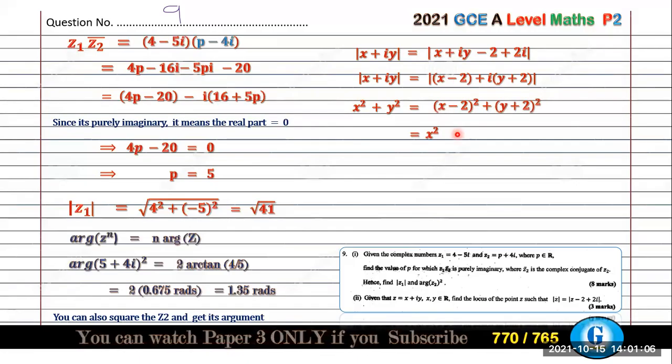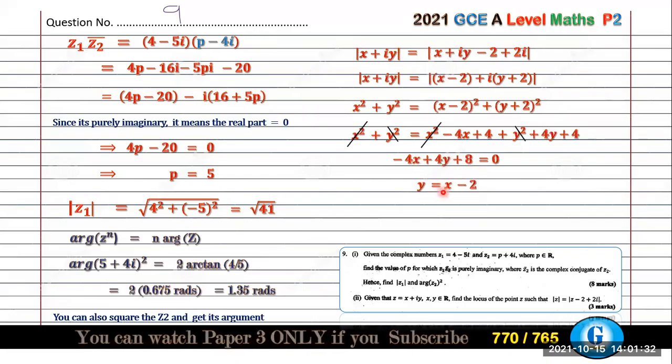We open out these brackets and simplify. We have x squared minus 4x plus 4 plus y squared plus 4y plus 4. And these terms will cancel out, x squared on both sides as well as y squared. We are left with minus 4x plus 4y plus 8 equals 0. We bring like terms together, and this gives us an equation of a line.